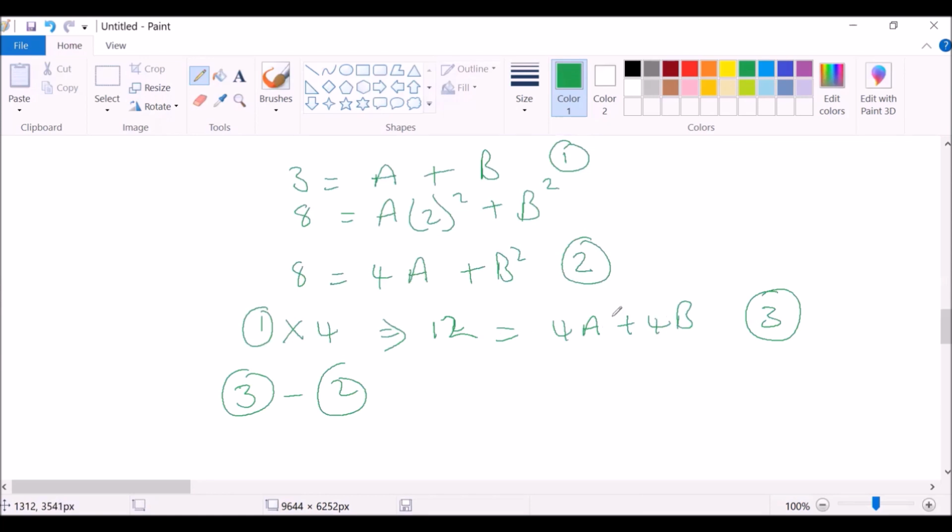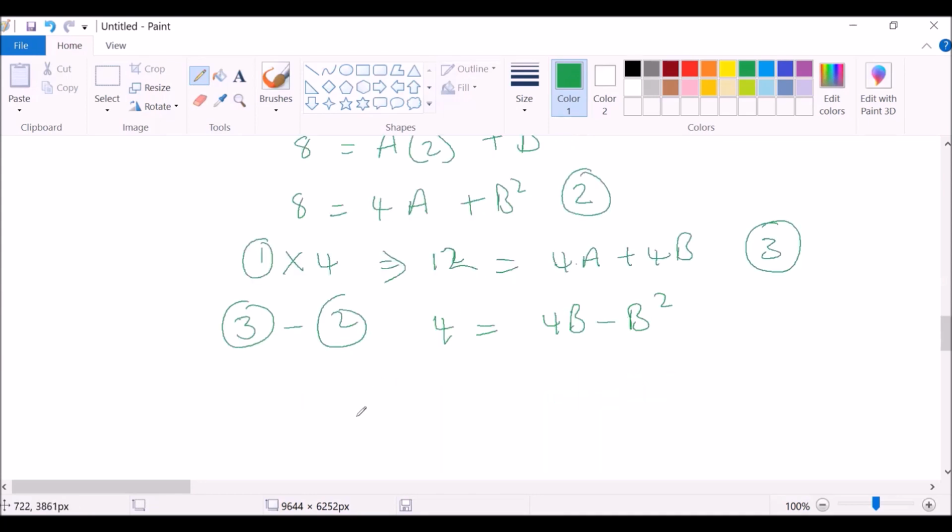So this minus that. 12 minus 8, 4 is equal to 4a minus 4a, 0. We have eliminated a, and 4b minus b squared. We can take everything to the left. b squared minus 4b plus 4 is equal to 0.